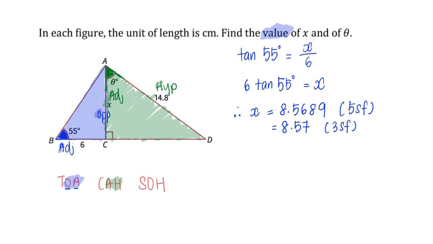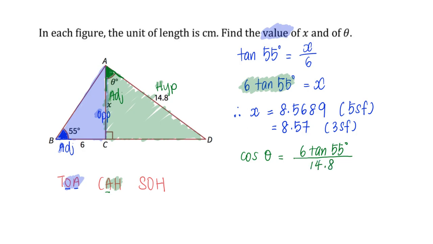Yes, it will be my cosine ratio. So cosine of theta is equal to A, which is my x. Do take note that instead of writing 8.57, I am going to use this, the most accurate version. So my x is 6 tangent 55 degrees, adjacent side divided by my hypo 14.8.